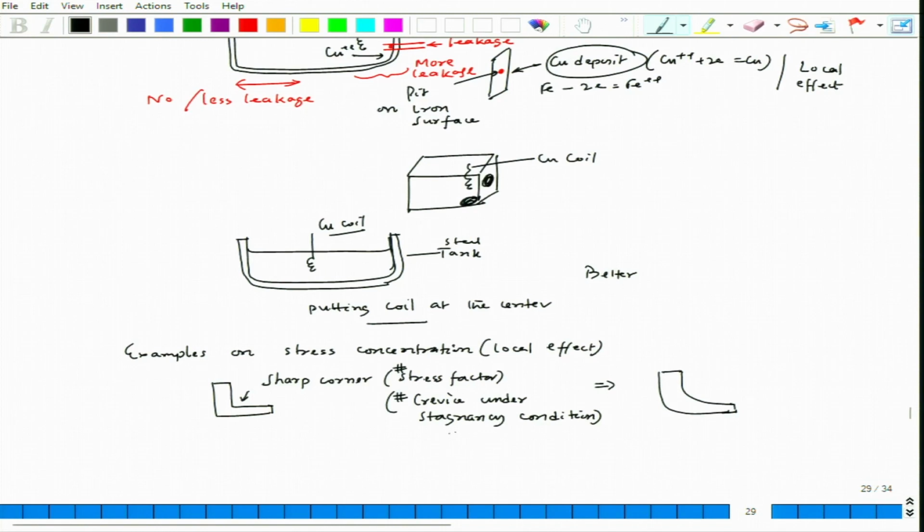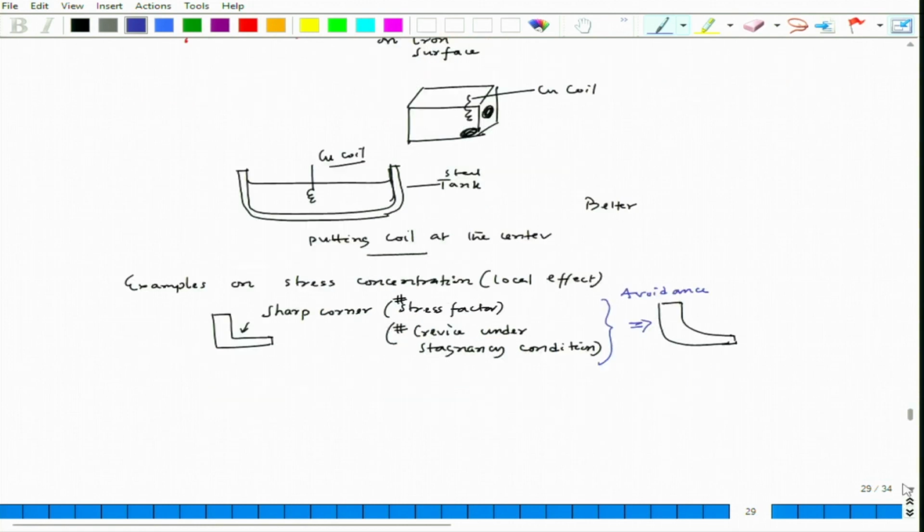It avoids both the things, this one as well as this one. If we do this, both effects are avoided. That means crevice is out, sharp corner is out, as well as the stress factor, the local stress effect, is also out. This is one.